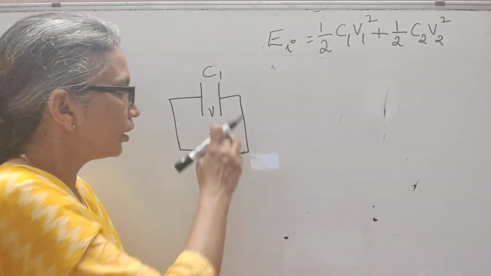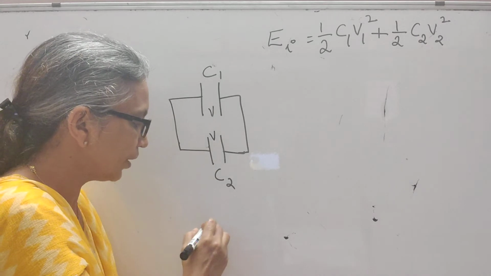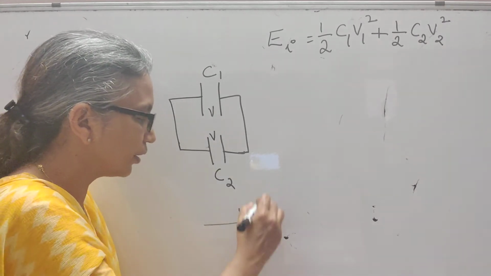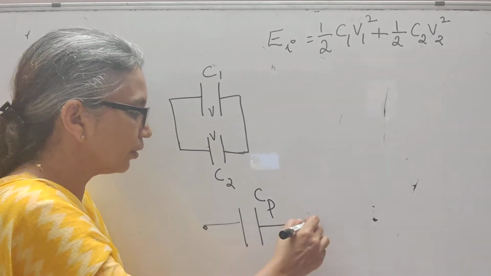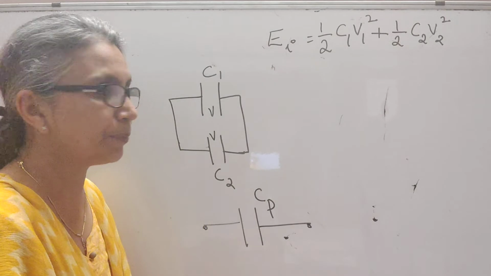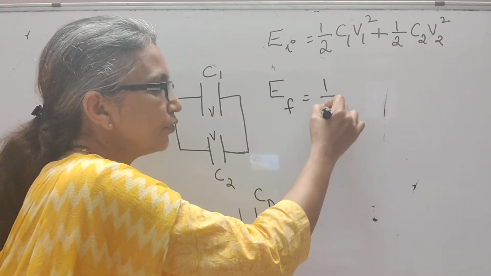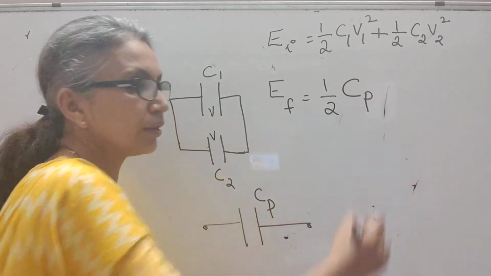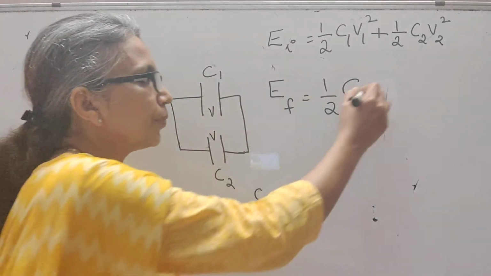Now this is a parallel combination. So for the effective of the two, I may draw a single capacitor Cp, whose effective capacitance of C1 and C2 I've taken as Cp. So E final will be half CV square, where C will be the effective capacitance of the two in parallel and V is the potential difference.